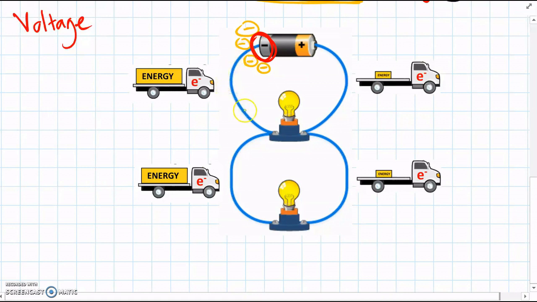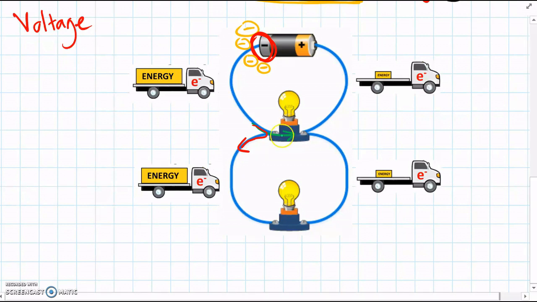So they travel down through this part of the circuit, but then half of them will continue through that loop and the other half of them will go down to the other parallel section.